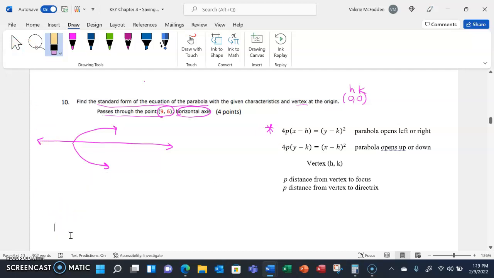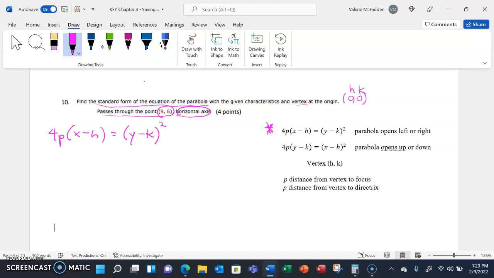Okay, so I'm going to write down the formula. Let me just erase this. I don't think we really need it. We do need to know that it's opening to the left or to the right so that we know to use the first equation. So I'm going to write down that formula, 4p times (x minus h) equals (y minus k) squared.